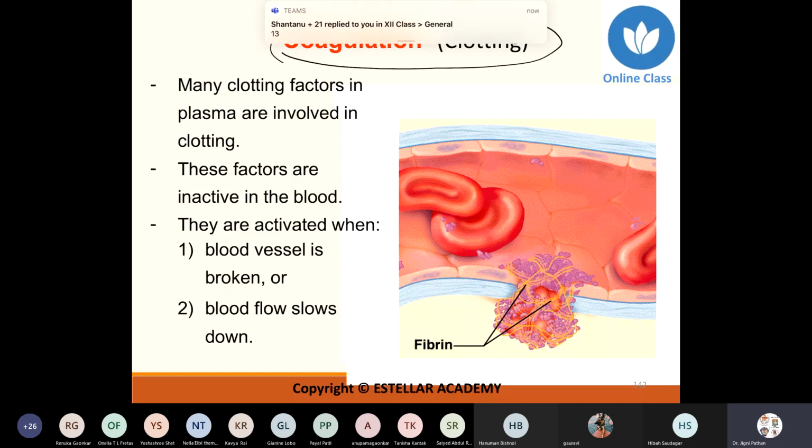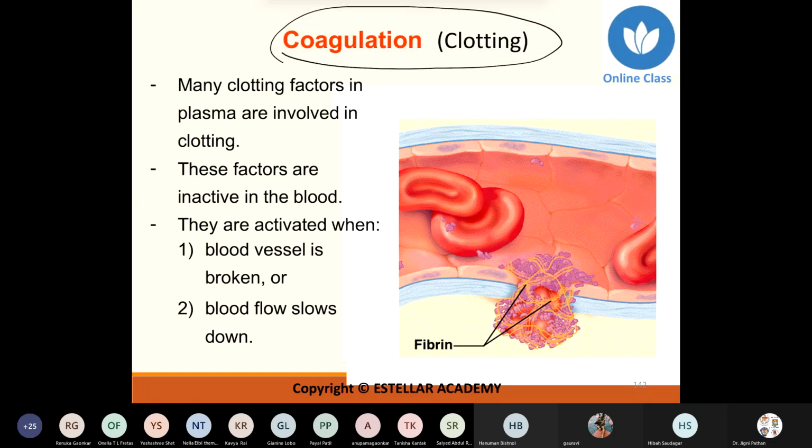Are they active in the blood or inactive in the blood? Very good, Abhida. Inactive.